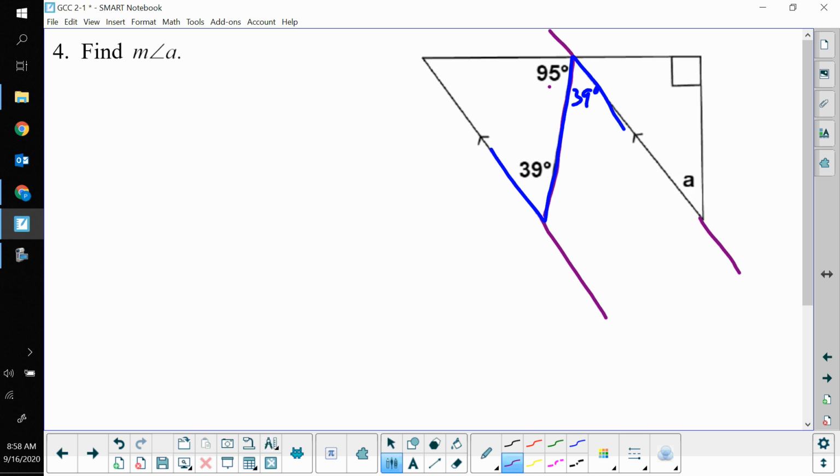Next, let's look at these three angles. Together, they are on a line. And angles on a line always add to 180. So let's stick a variable in there, and we can write a little equation. We know 95 plus 39 plus x must equal 180 degrees.